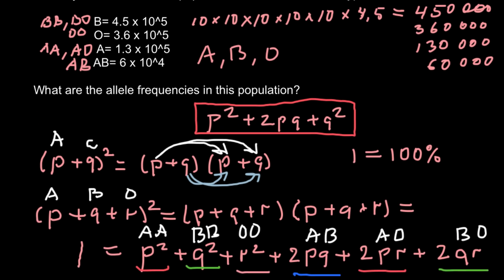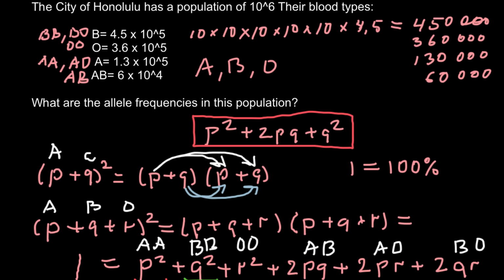Let me return to our initial numbers that are given. As you see, if we combine all these numbers, we are going to get 1 million. So 1 million people who belong to these 4 phenotypes.